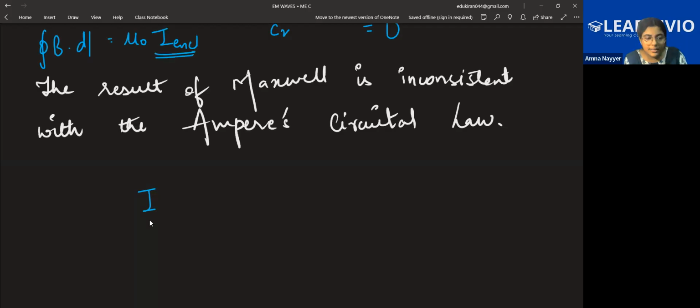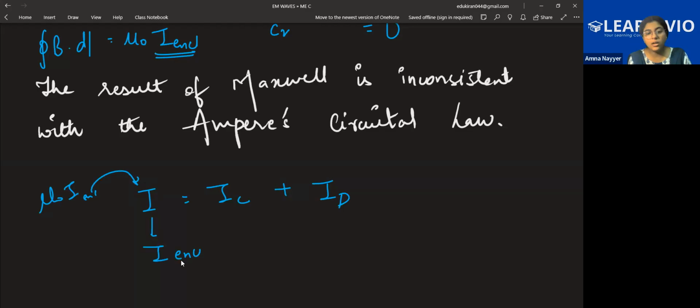This I enclosed is not just equal to the current which is flowing within the circuit. It has some additional current also, which is called the displacement current. So mu naught I enclosed is actually the I enclosed part. What is IC?